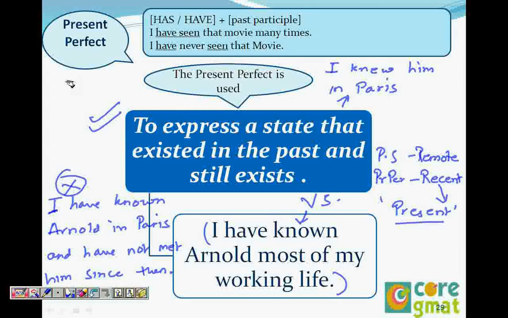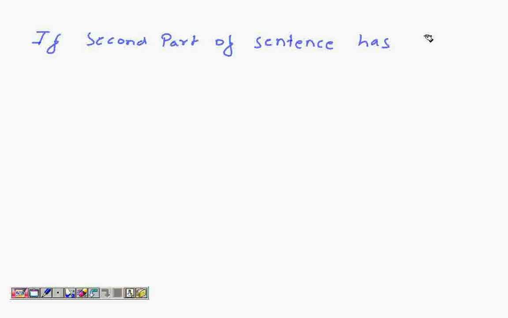Okay, so I write this down somewhere. What you're saying is, if the second part of the sentence has present tense, then use present perfect in the first part.